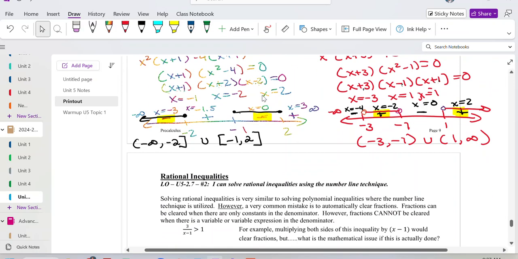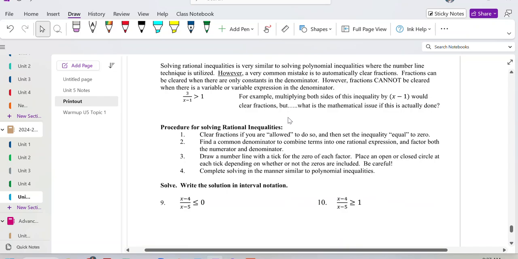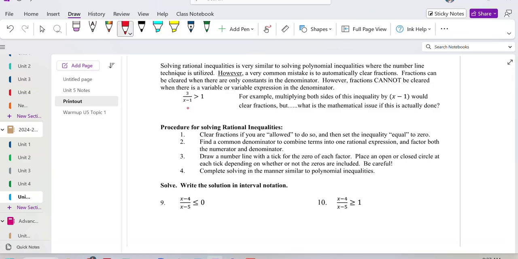All right, the next ones are rational inequalities. So solving rational inequalities is very similar to solving polynomial inequalities, where the number line technique is used. However, a very common mistake is automatically to clear fractions. So when you're solving a rational inequality, do not clear the fractions.